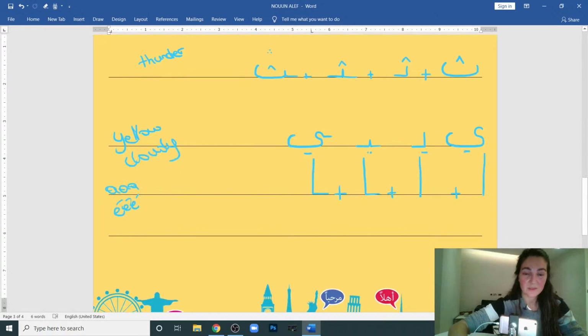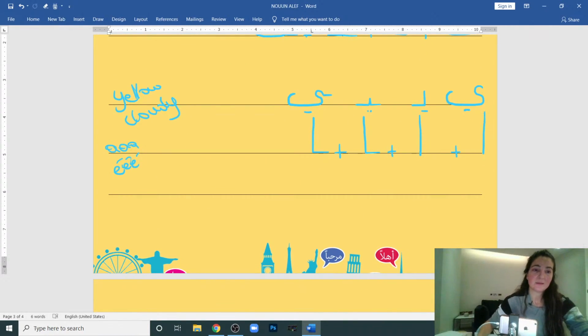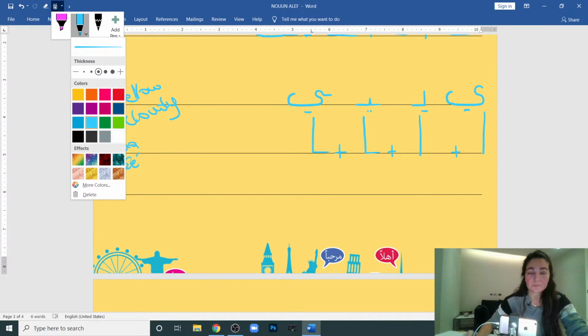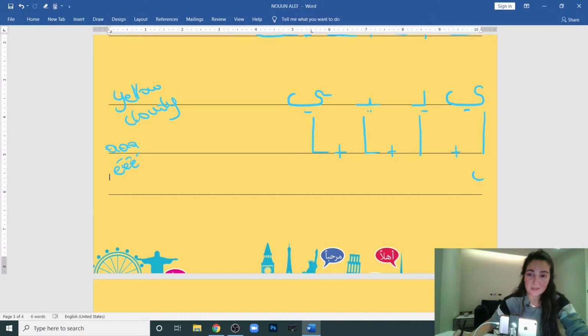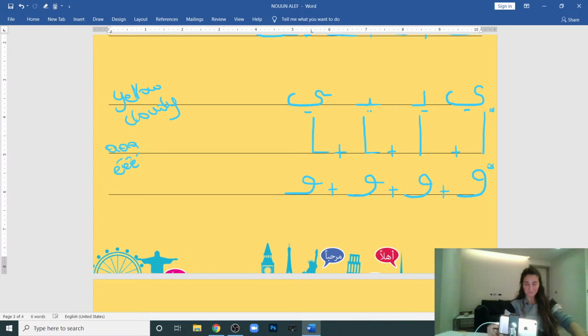The name of the letter is waw, and the sound is w as in window or u as in boots. So it's a big comma that sits on the line. It's a star letter. By the way, the alif is also a star letter, and the waw is also a star letter. That's why at the beginning it will look the same. In the middle, it will need a tail. And at the end, it will also need a tail.